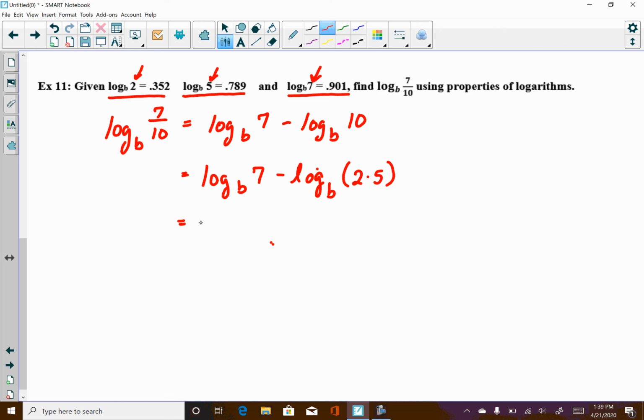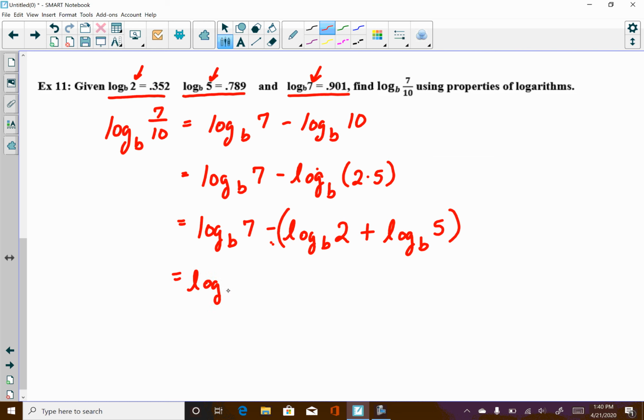Now with that said, let's clean that up a little bit further. So log base b of 7 minus log base b of, I'm going to do like I did before, since it's multiplication there and I have a minus sign in front. So it would be log base b of 2, multiplication tells me to add, log base b of 5. Now I'm going to take that minus sign and distribute it through.